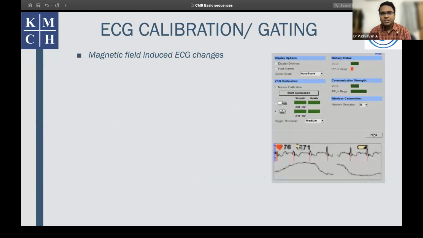Coming to ECG. Why ECG calibration is very important for ECG gating is that the magnetic field from the magnet, either a 1.5 Tesla or a 3 Tesla system, induces certain changes in the ECG.